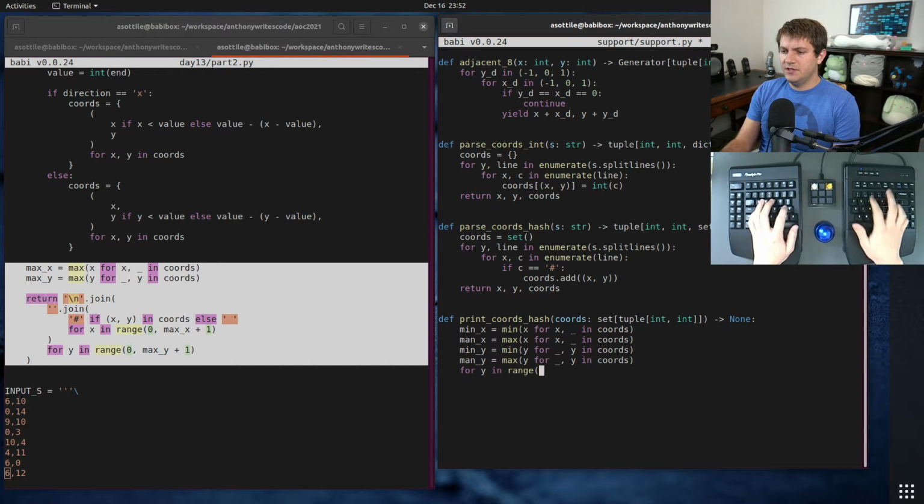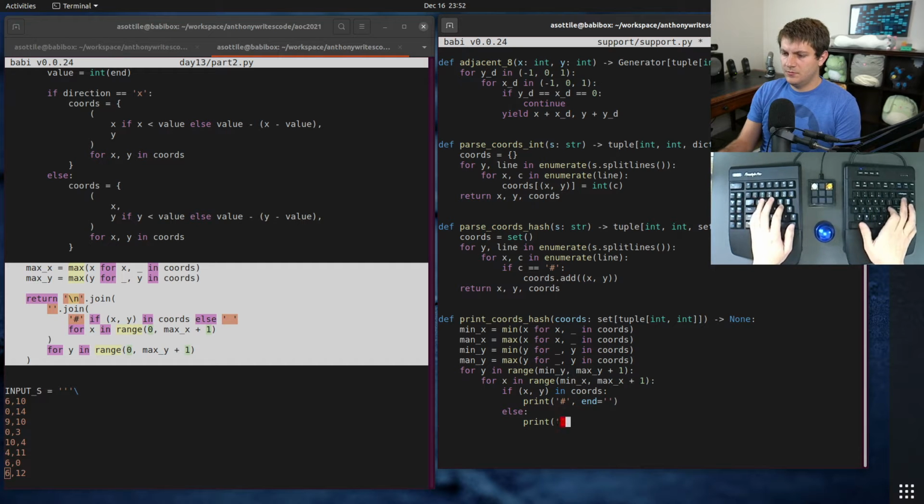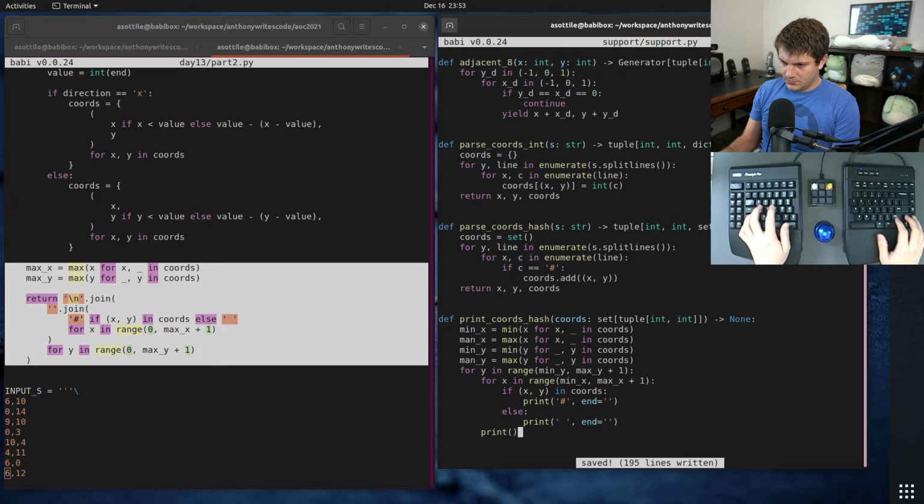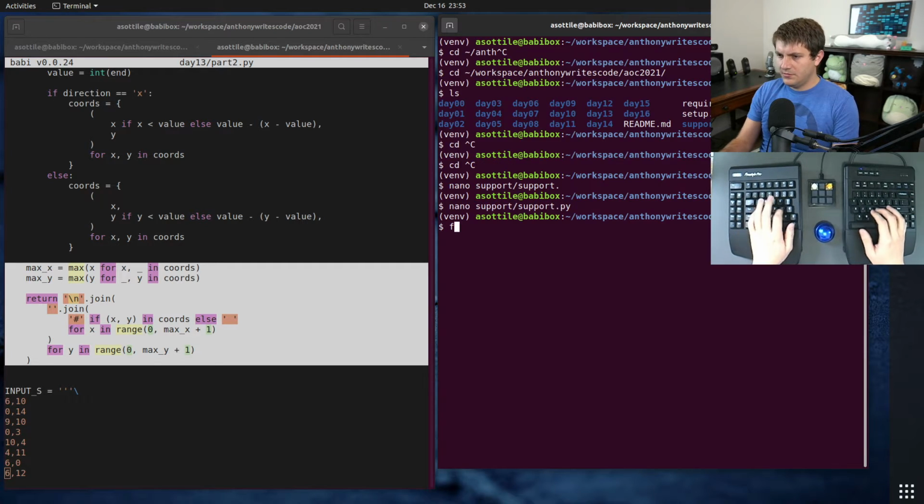For y in range min y max y plus 1, for x in range min x max x plus 1, if x, y in chords will be helpful.